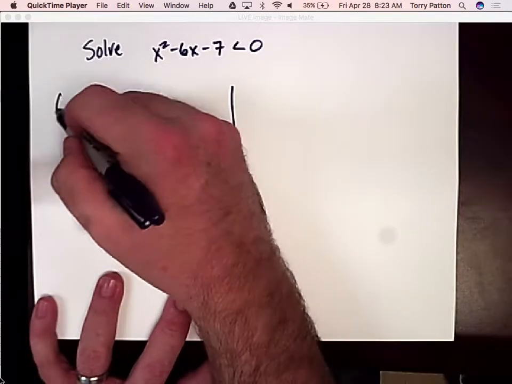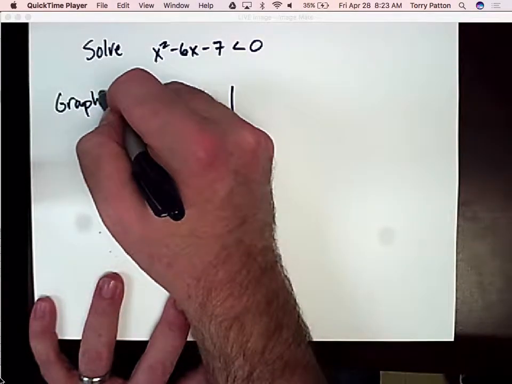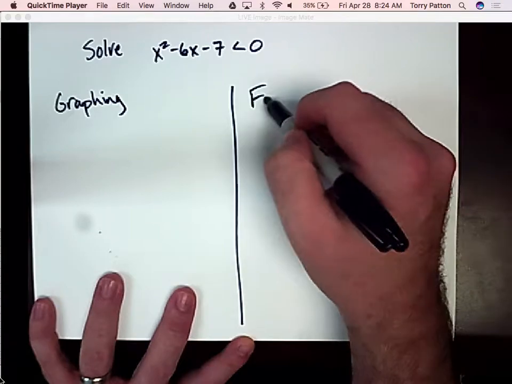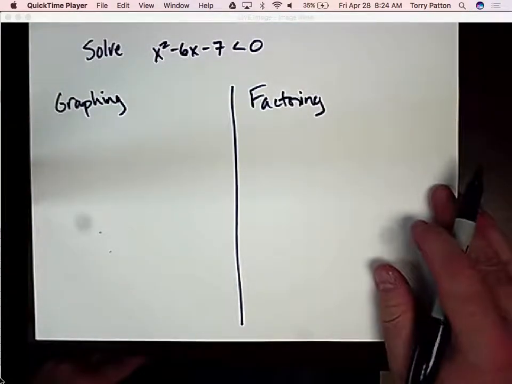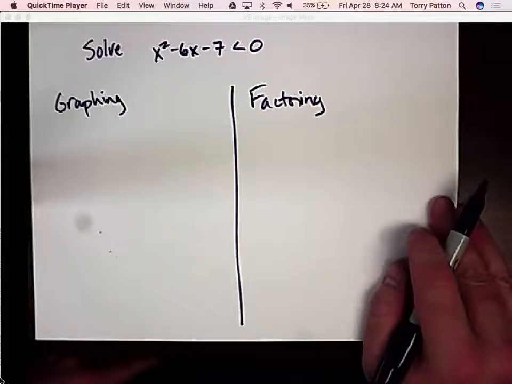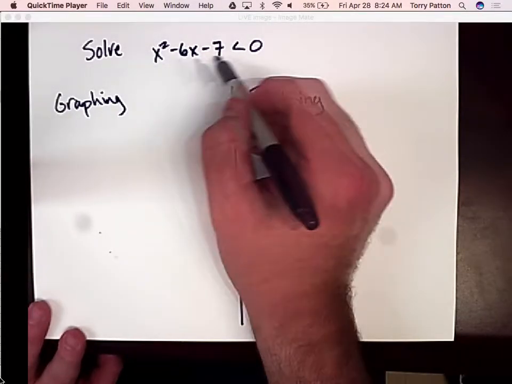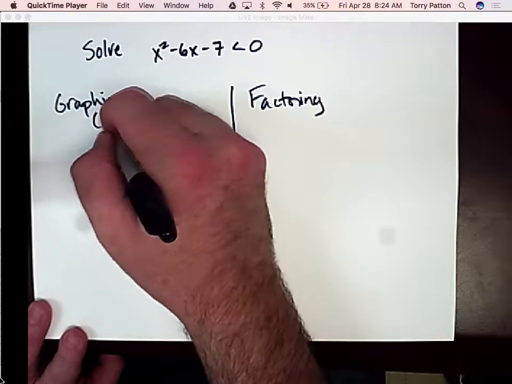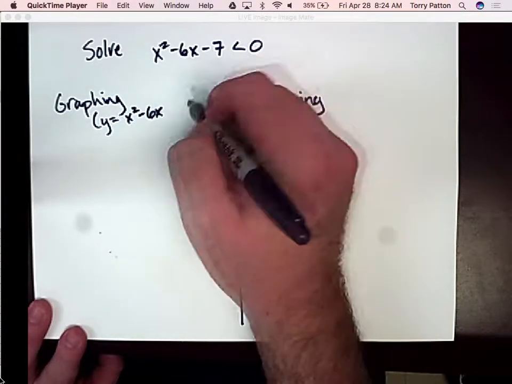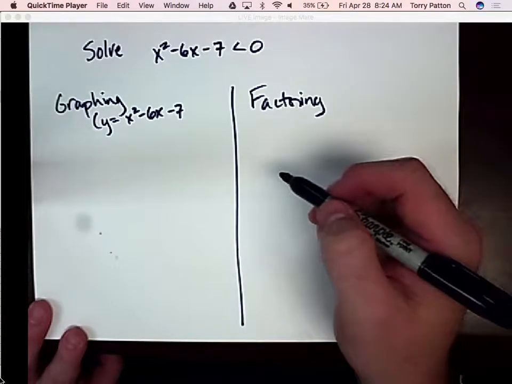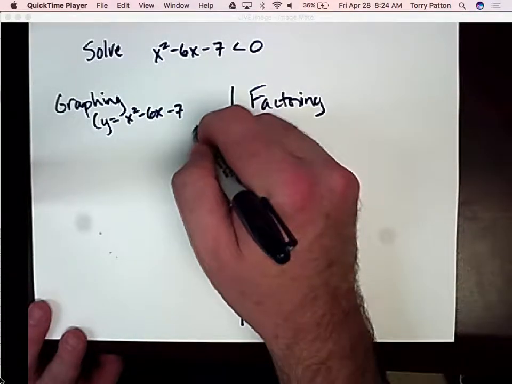You can do it by graphing, and you can do it by factoring. I'm going to show you both of them. You only have to do one, but I'm going to show you both of them. One is to graph y equals x squared minus 6x minus 7 and see when is that less than 0.